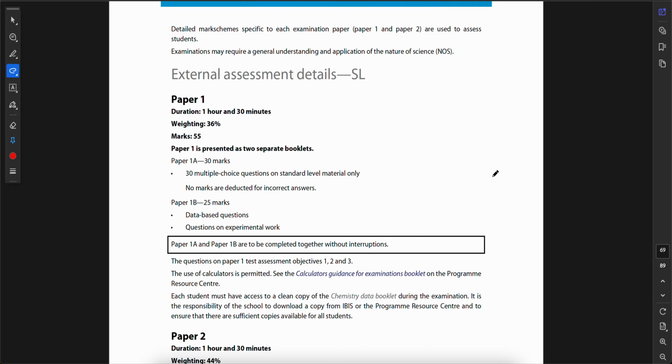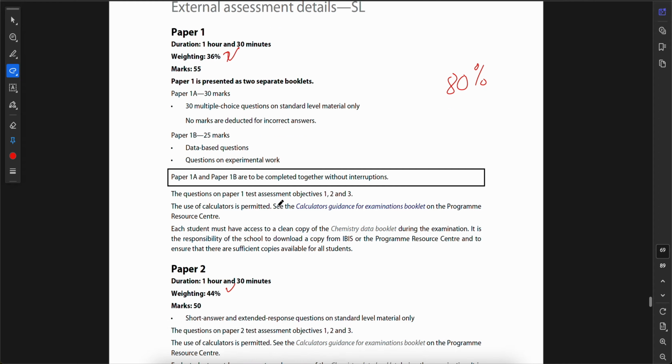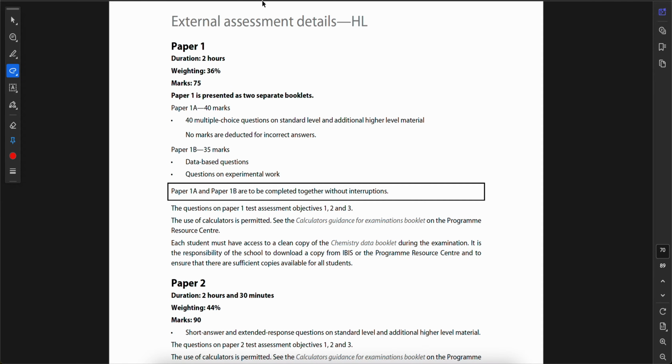It could be May or November, and together they make up 80%: paper 1, 36%, paper 2, 44%. They are the same for HL as well. They make up 80% of your chemistry grade.